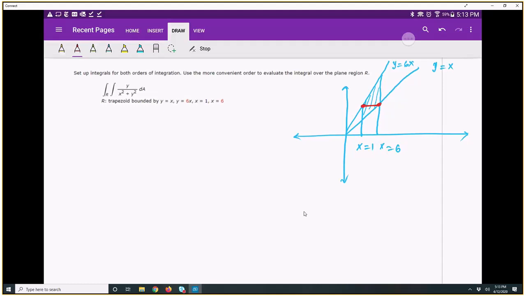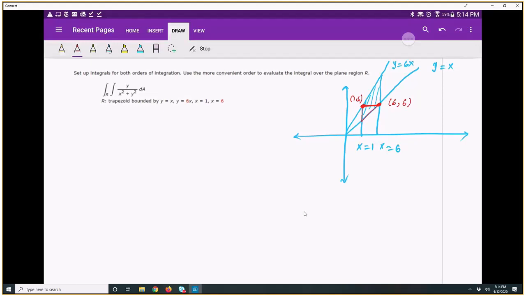At x equal to 1, this point here is going to be (1, 6). And this point at x equal to 6, because it is crossing the line y equal to x, is going to be (6, 6). Under this line, the portion of the volume will be evaluated on this triangle.